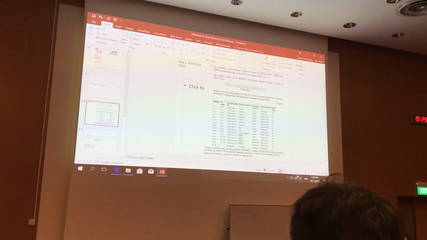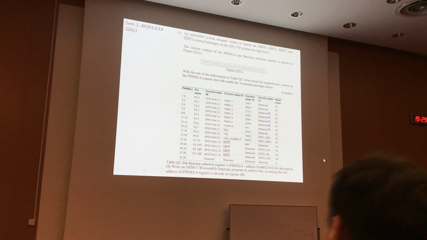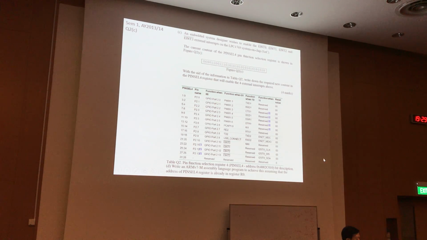another question that is based on, let's say, pin cell, right? And refresh your memory on the important principle. So choosing the function, like in this case, you are asked to enable all these functions. So this is just turning on the switch for those functions.